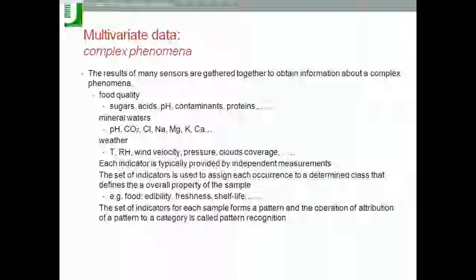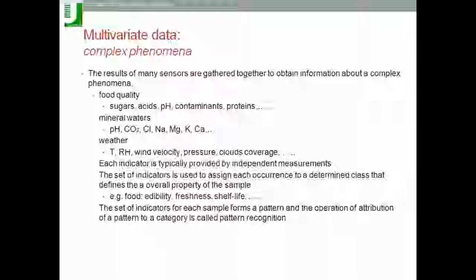For instance, if we want to appreciate food quality, we need to measure several components. If we want to describe the properties of water, we need to measure a number of compounds, and so on. Even if these are measured with univariate sensors, we need to put them together, and so it is necessary to have some tool to deal with this data.